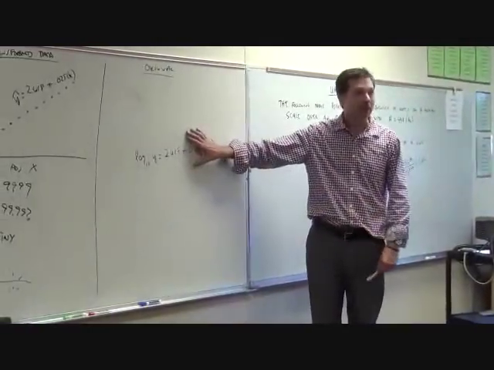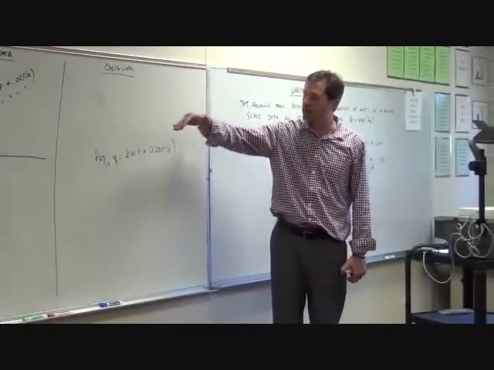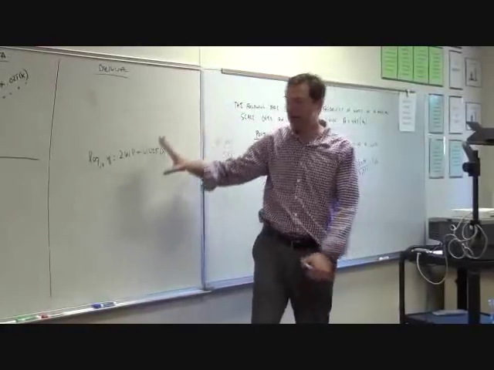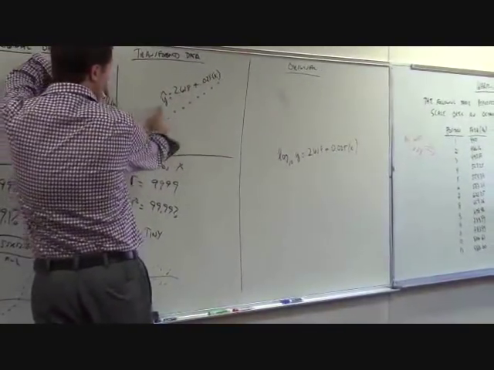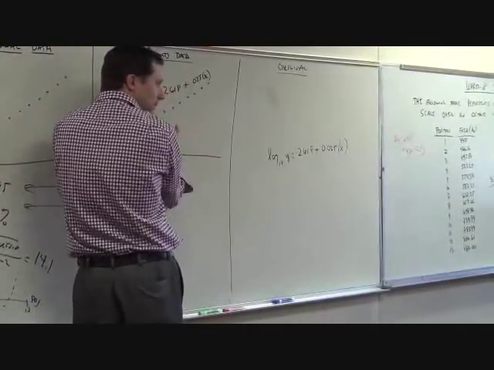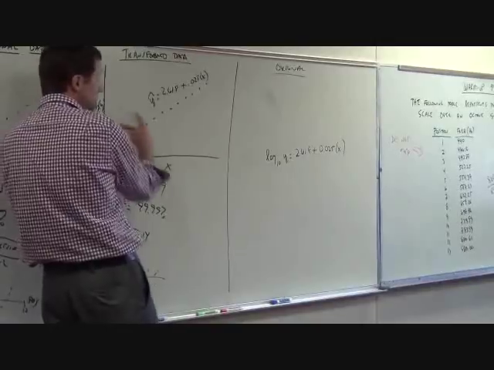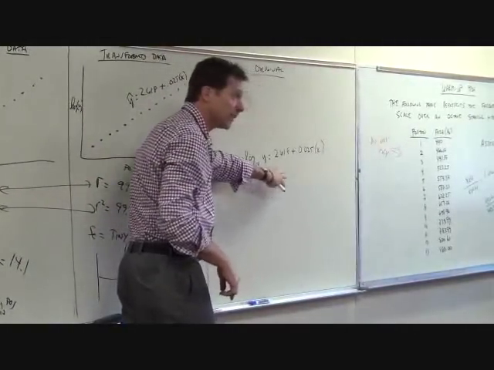This is an exponential equation. This is the equation of a curve. How did I get it? I just wrote the equation I got off of this. This was really the log of the y's. That's the equation that fits the points, but I took the logarithm of the y, so I'm writing it like that now. And this is an exponential equation.